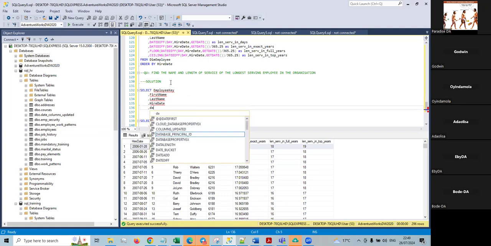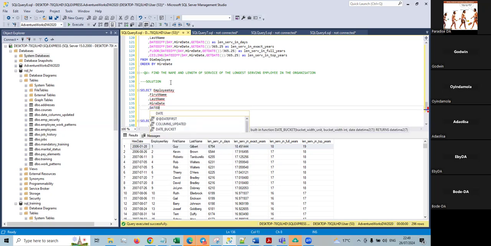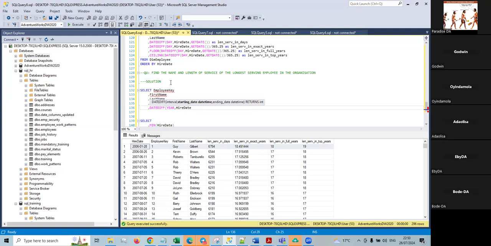So that is date diff. We already know how to write that. Hire date and get date.